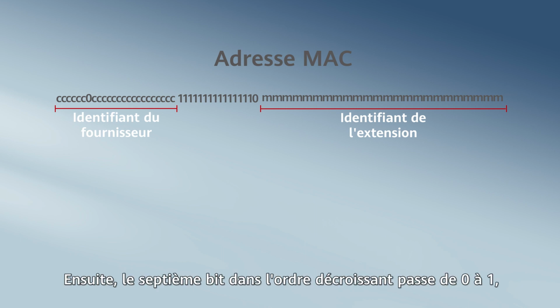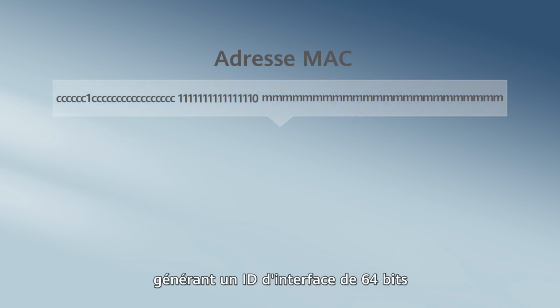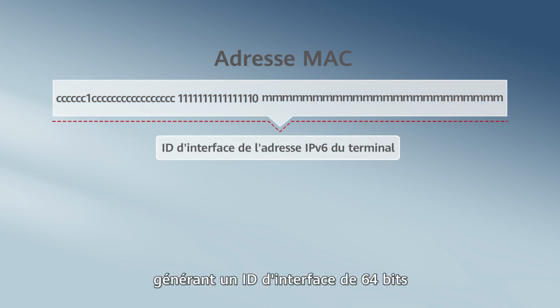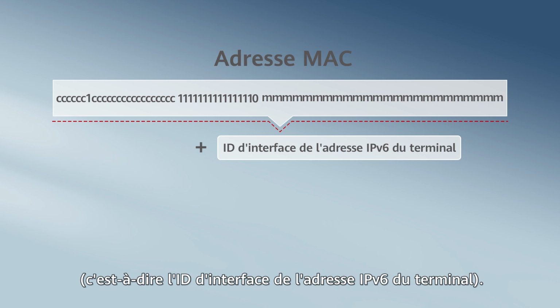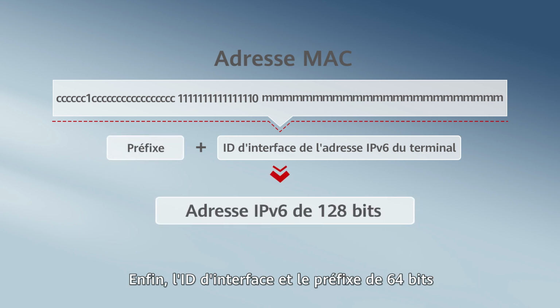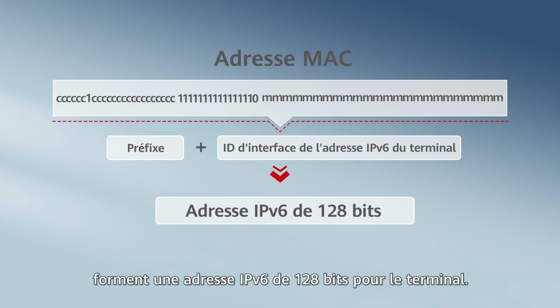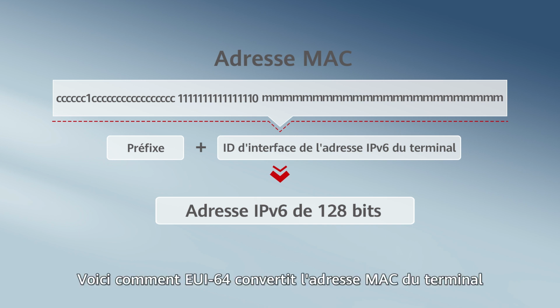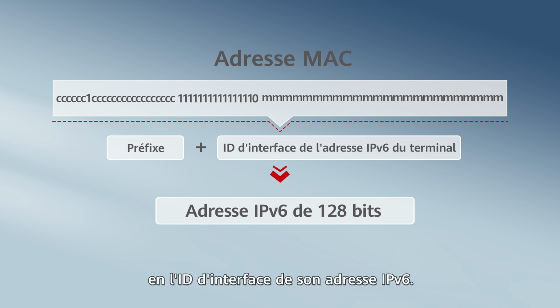Then, the 7th bit in descending order is changed from 0 to 1, generating a 64-bit interface ID. Finally, the interface ID and the 64-bit prefix form a 128-bit IPv6 address for the terminal. This is how EUI64 converts the MAC address of the terminal into the interface ID of its IPv6 address.